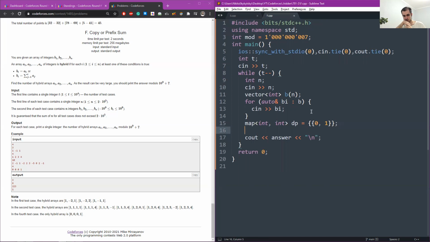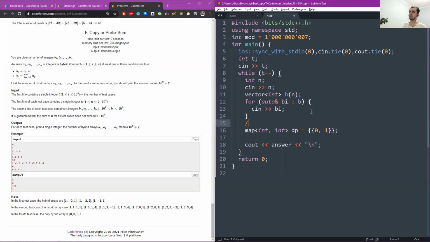Yeah, you see, what is the point? I kind of want the dp to count how many possible values for A_i there are. Because what we really know, the previous condition was incorrect.